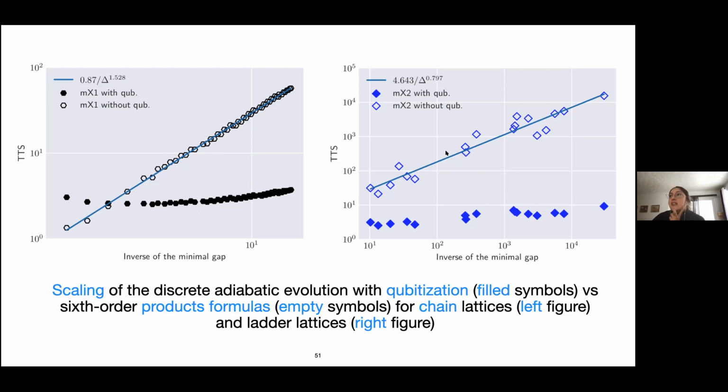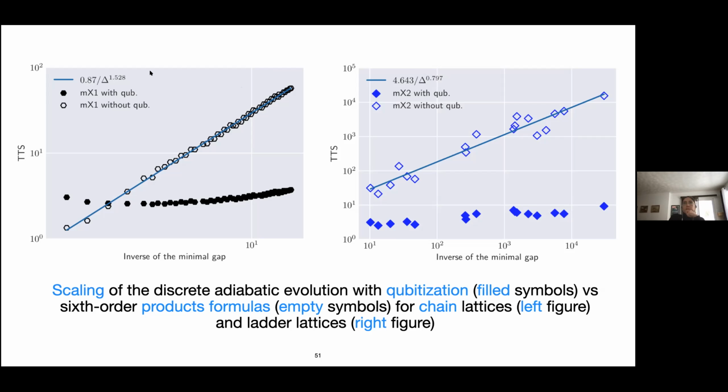In both cases, we clearly have a speedup from qubitization. And in the non-qubitized version, we can also see that the scaling seems better than 1 over the gap squared, but we have to be careful here for multiple reasons.